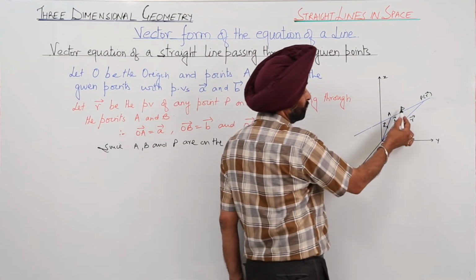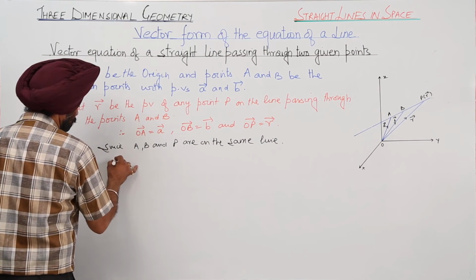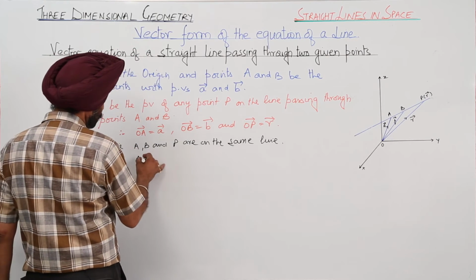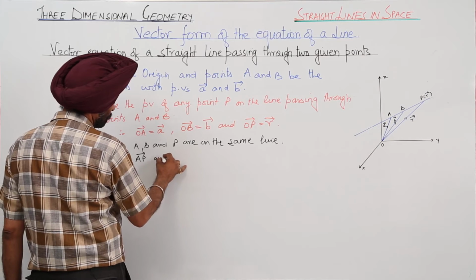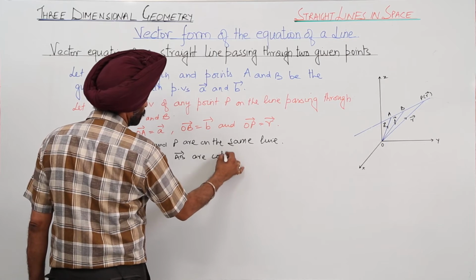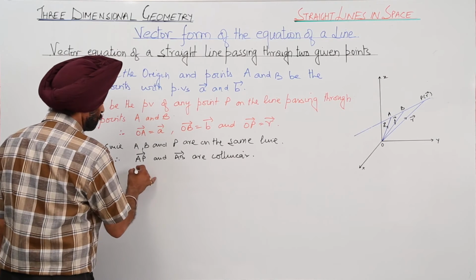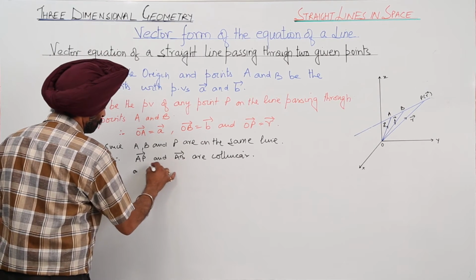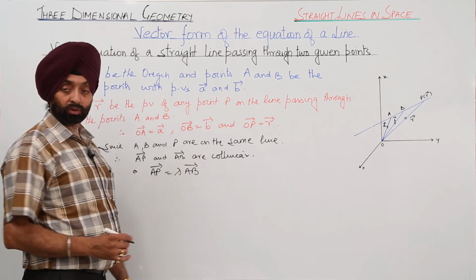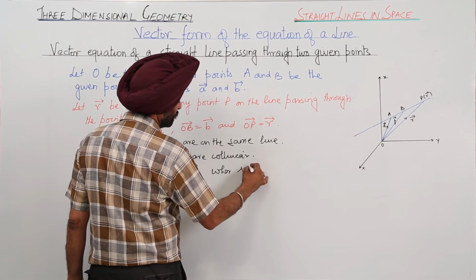A, B and P are on the same line, therefore vector AP and vector AB are collinear, or vector AP is equal to lambda vector AB, condition for the collinear points, where lambda is a scalar.